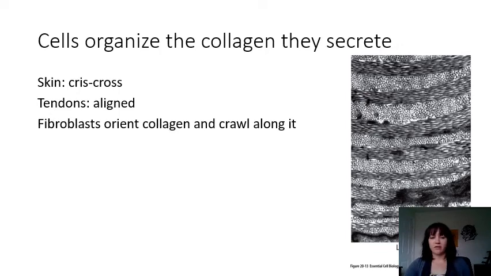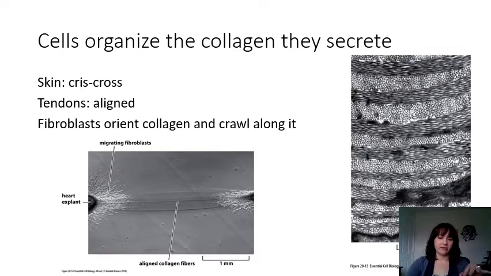The way that this collagen is oriented, we know that the fibers will self-assemble, but the organization of those fibers, once they are formed, is performed by fibroblasts, so the cells that secrete the collagen. And so they will actually crawl along the collagen fibers and organize it. We can see here in this picture a heart explant, so this is kind of a clump of fibroblasts.